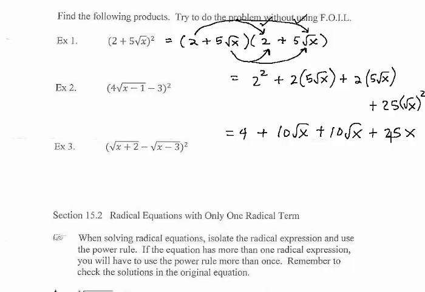They're opposite operations. So we just get a 25x. And finally, we can combine these two like terms in the middle to get a 20 square root of x plus a 25x. So now we've sort of separated our square root of x term away from the parentheses.